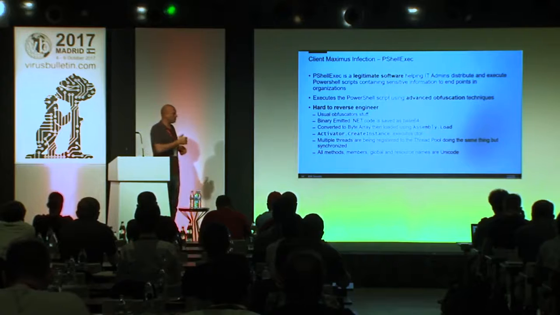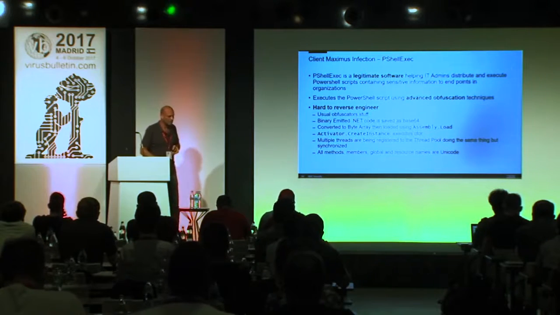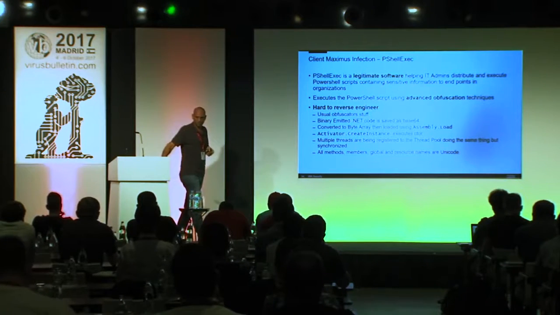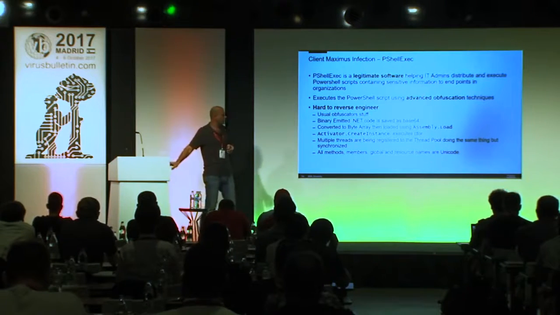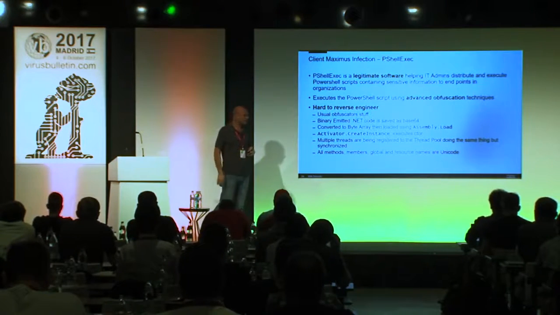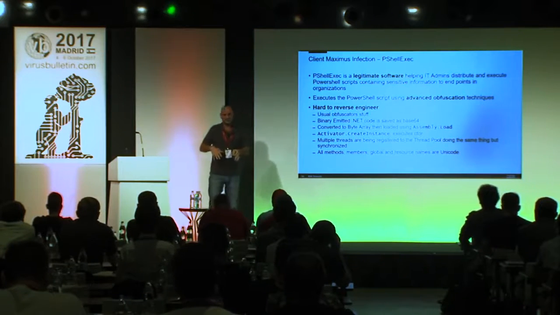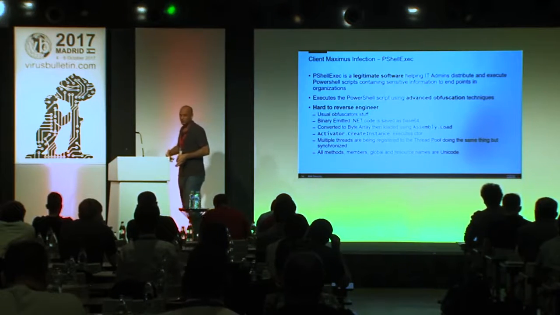It does Assembly.Load. It loads the .NET assembly. Activator.CreateInstance is the way to create the instance. And then using MethodInfo.Invoke, which is another reflection method in .NET, it just executes the code itself. And it does that with multiple threads, which are being synchronized in order for you to have a really hard time when you debug it, right?